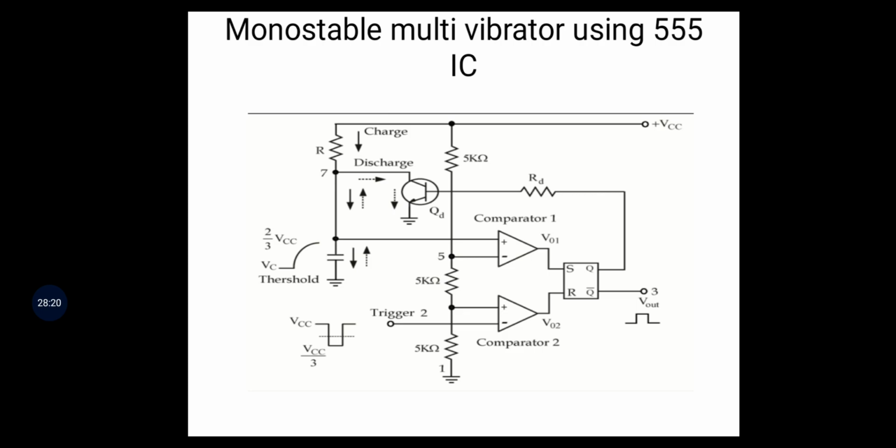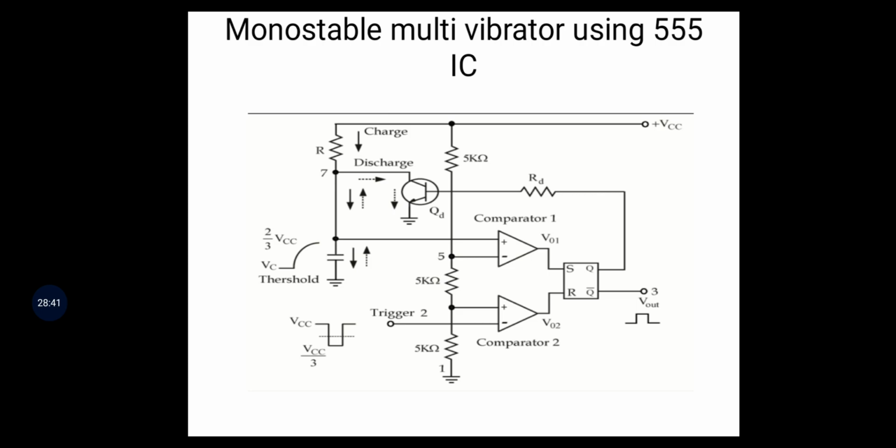When a low going pulse is applied to the trigger input, the circuit state remains unchanged till the trigger voltage is greater than 1/3 VCC.